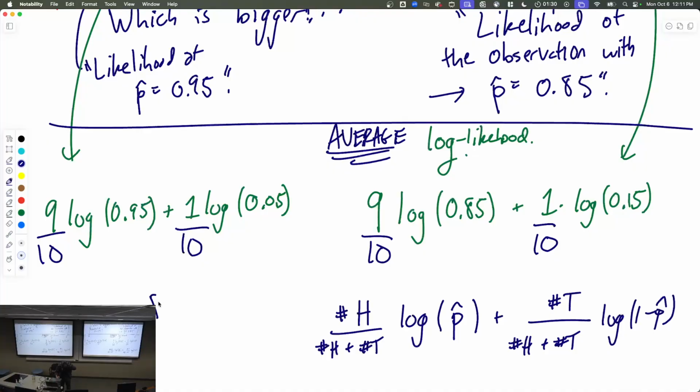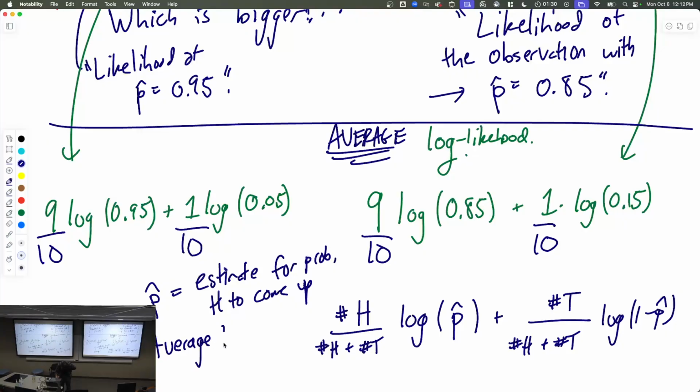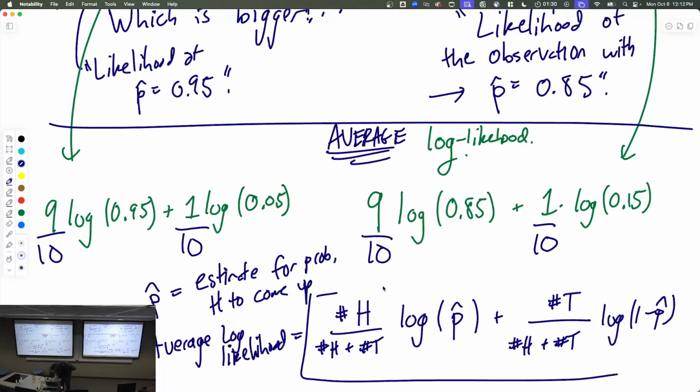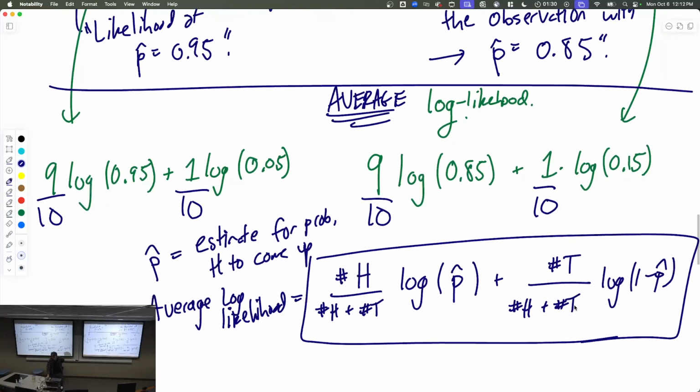So p hat is the estimate for the probability of heads coming up, and this is the average log likelihood given our observation. Okay, so this is the formula we have derived.